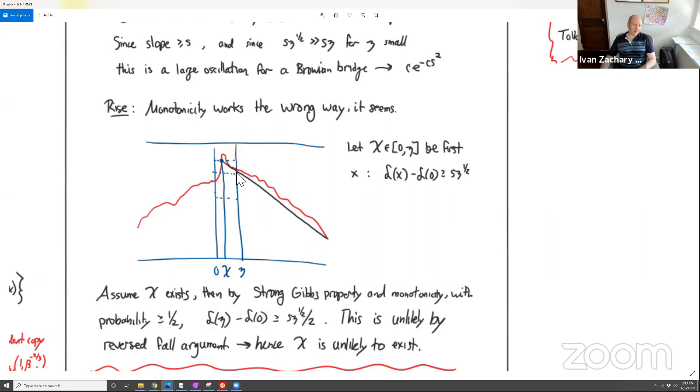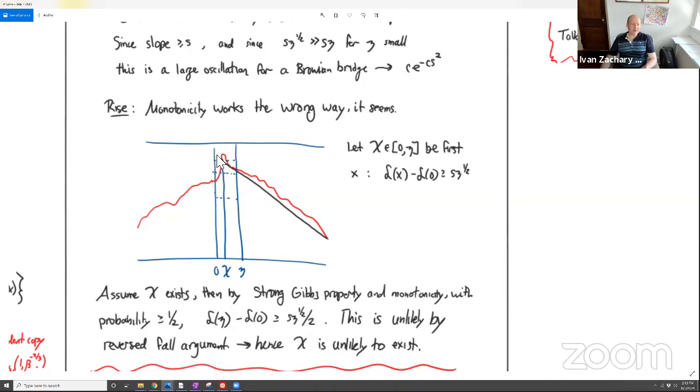And of course, by the smallness of eta versus eta to the 1/2, and because the starting and the ending points are not too sloped themselves, that thing becomes an unlikely event, which means that the existence of the stopping time chi itself was unlikely.